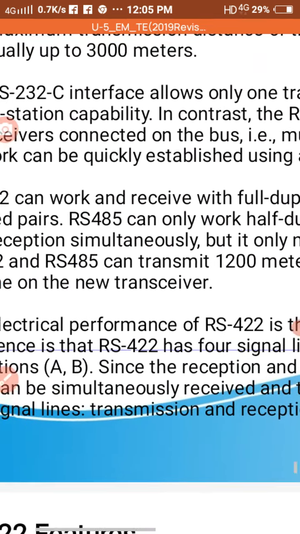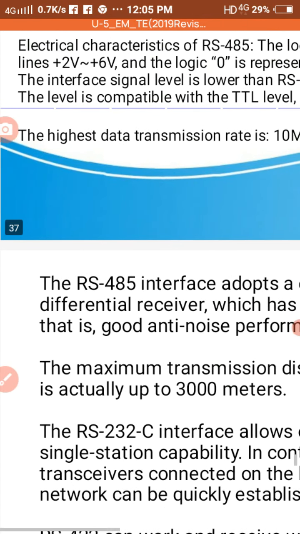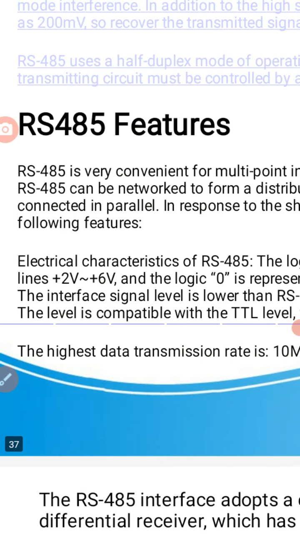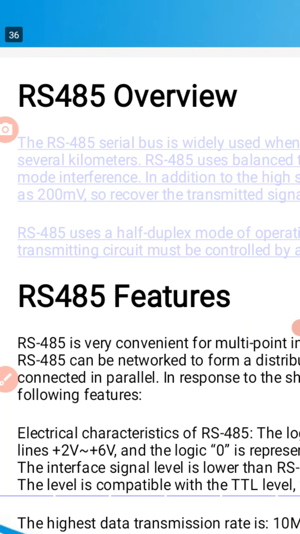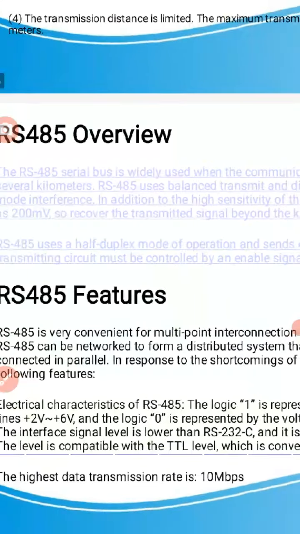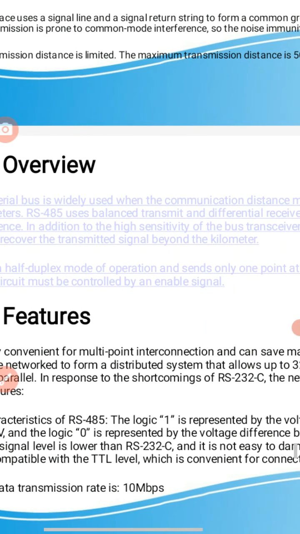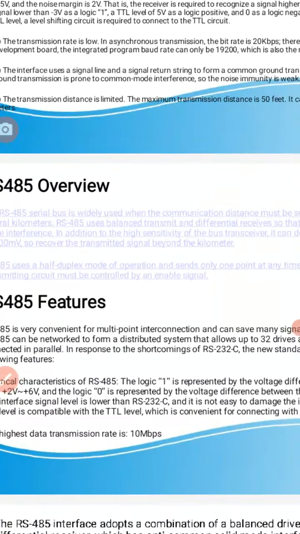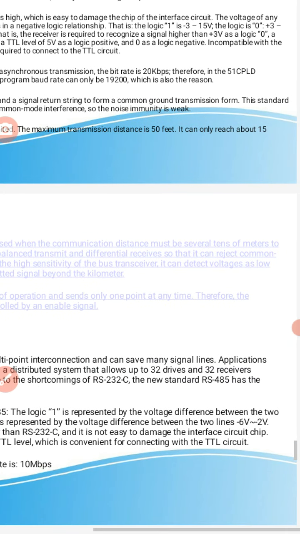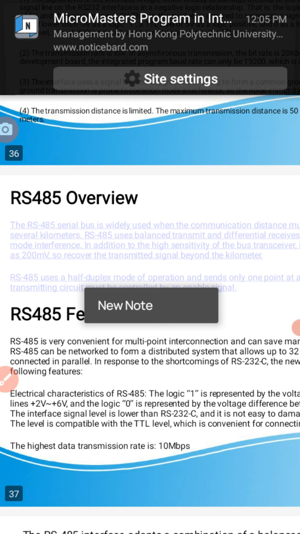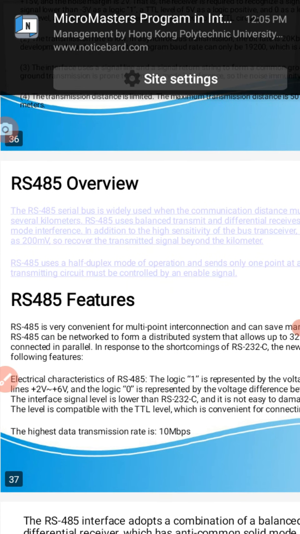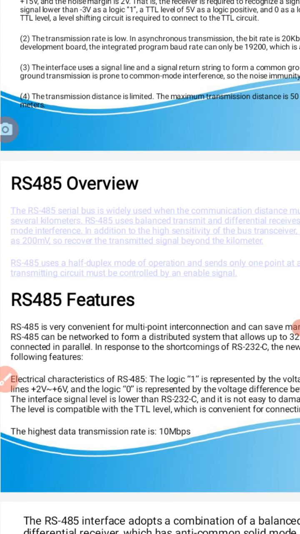Let us understand RS485. RS485 serial bus is widely used when the communication distance must be several tens of meters to several kilometers.